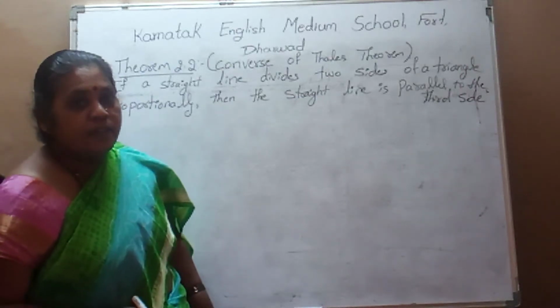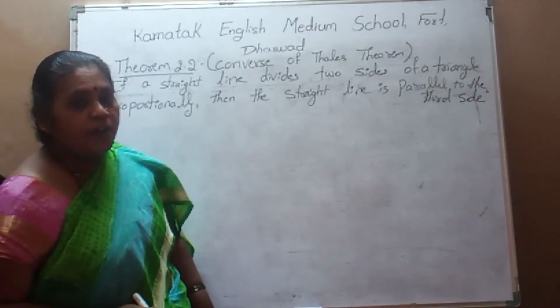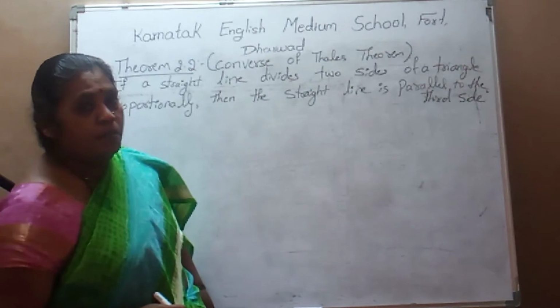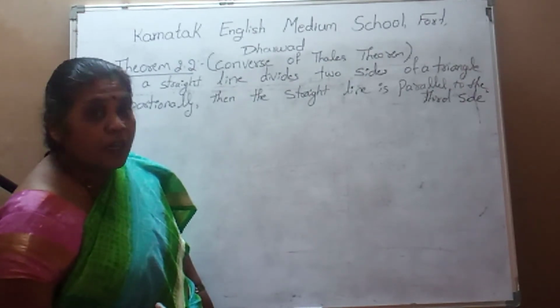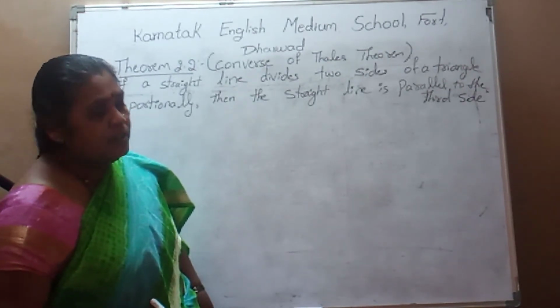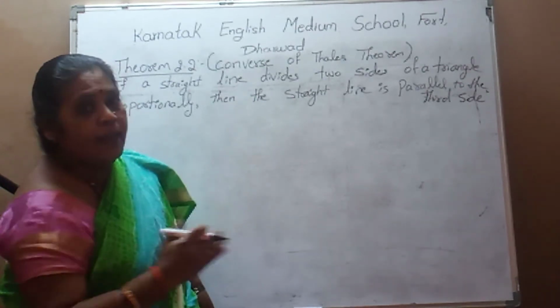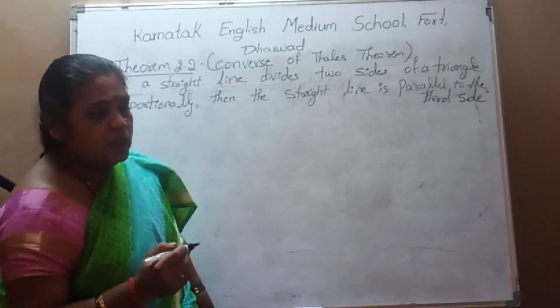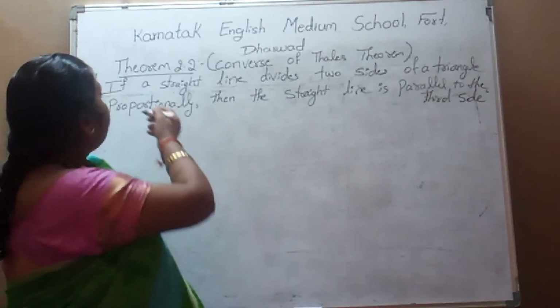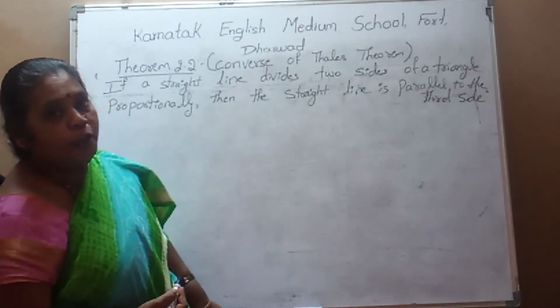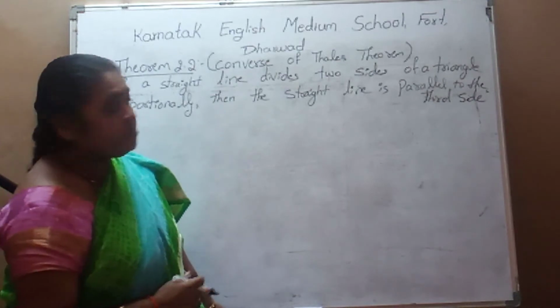Good morning, students. Yesterday we learned the BPT theorem, theorem number 2.1. You already studied it yesterday. Now the converse of this theorem, that is theorem number 2.2. What is that?